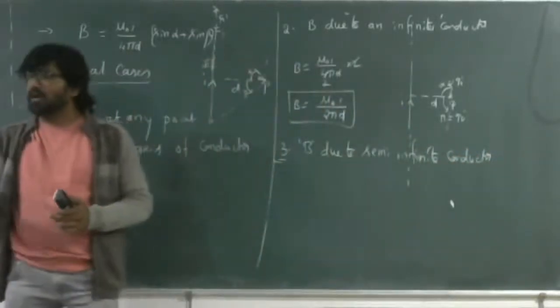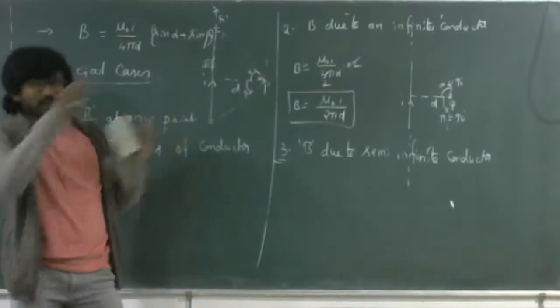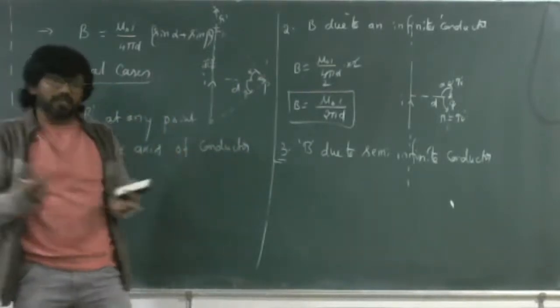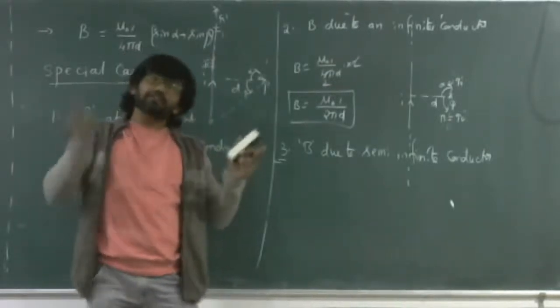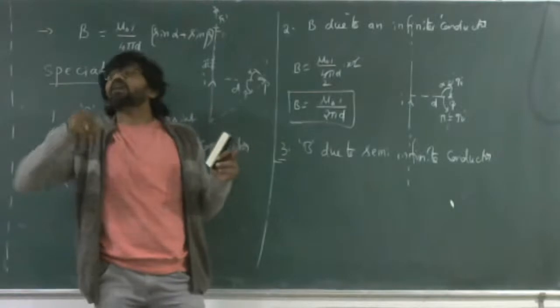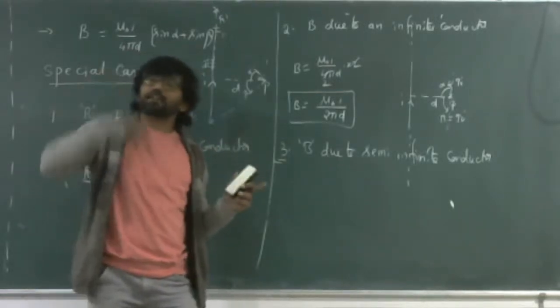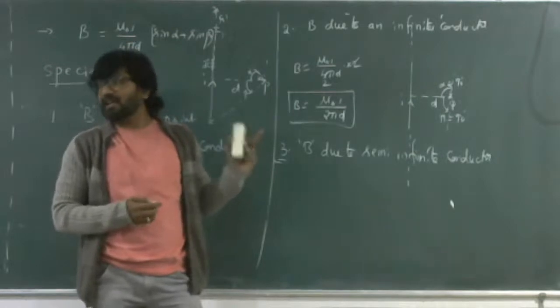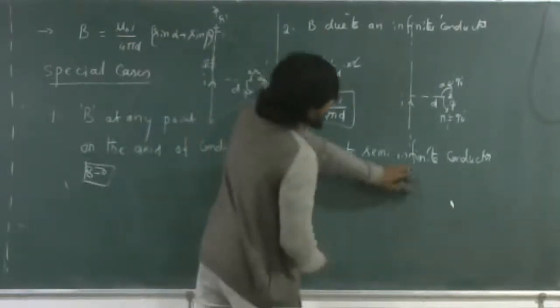This gives the same meaning as the question: what is the magnetic field due to an infinite conductor near one end, or magnetic field near one end of an infinite conductor? So that can be understood like this.